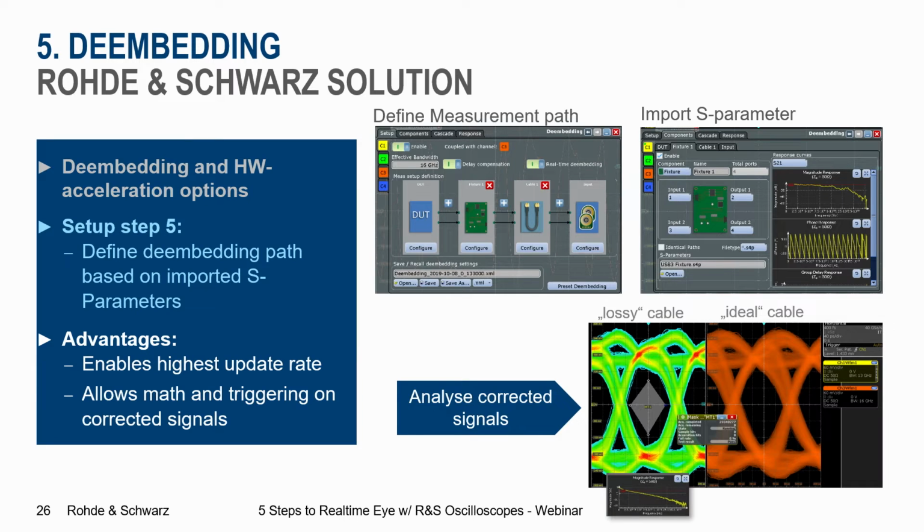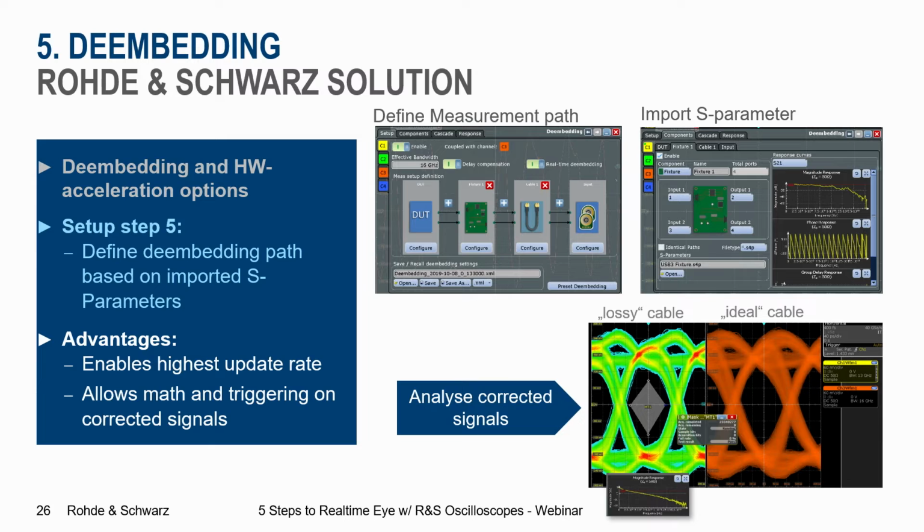The result you can see here in the bottom picture, where we have two signals. On the right side, we have a very, very short cable, so for us it was an ideal cable. On the left side, we have a lossy cable where we applied the correction. Now you don't see a difference in the amplitude anymore, because the correction was applied to the signal.